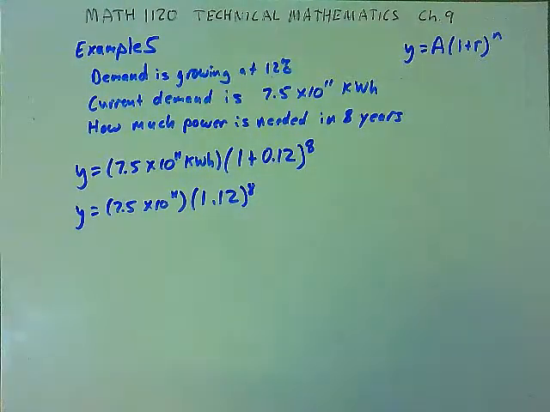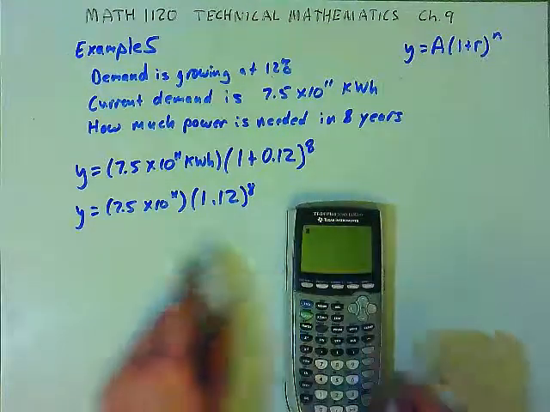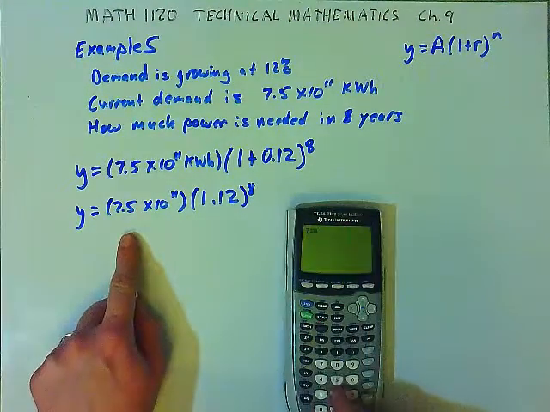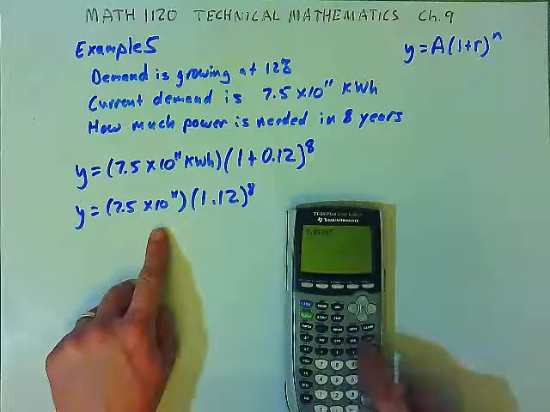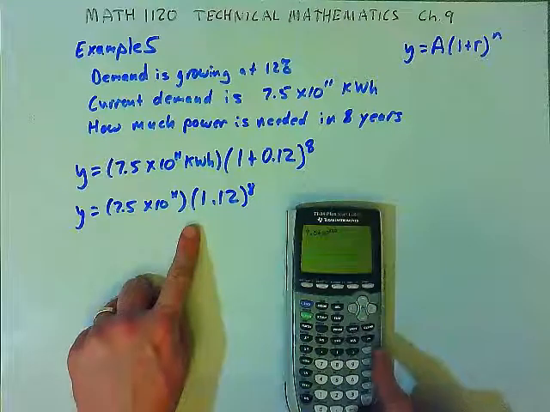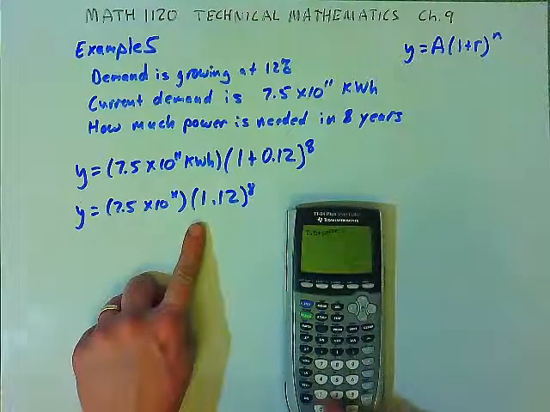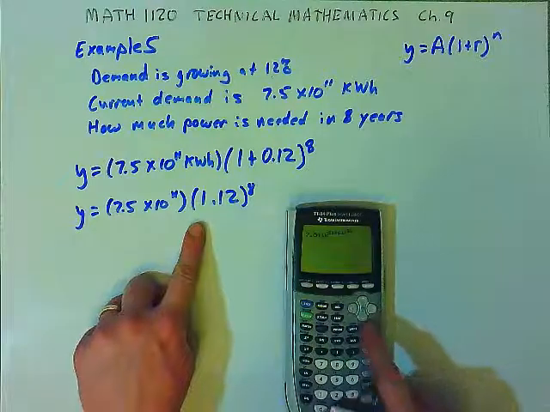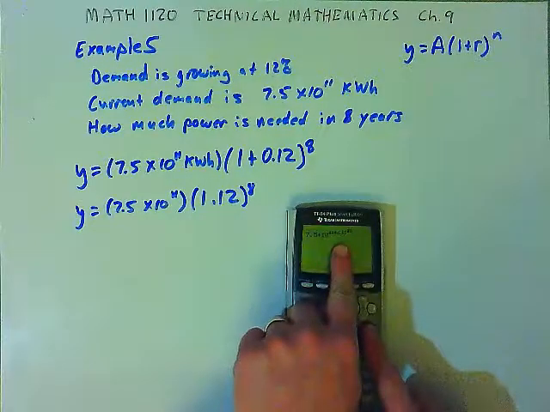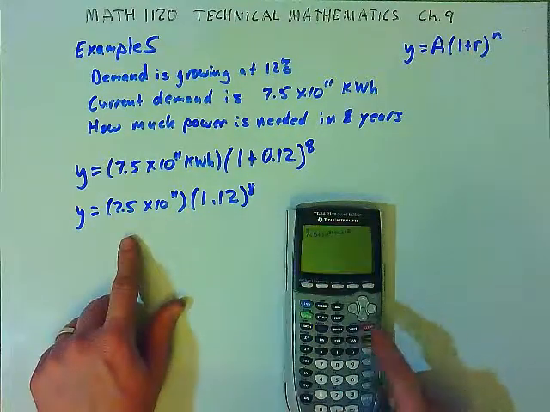And so we'll use a calculator to figure that out. We'll take 7.5 times 10 to the 11th power and we're going to multiply by 1.12 to the 8th power. Oops, I'm sorry, I made a mistake. See, I typed everything in as an exponent. So let me start over here.